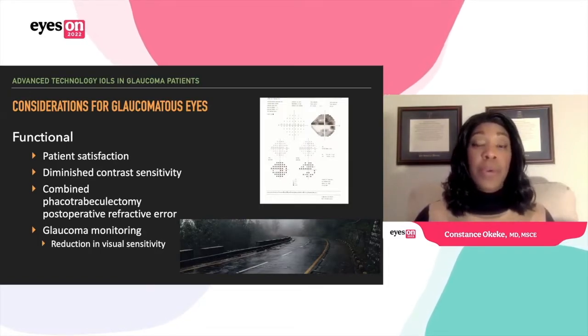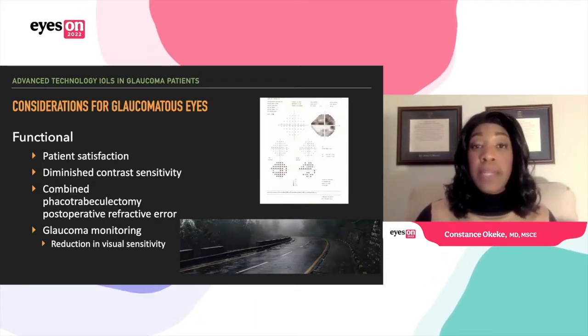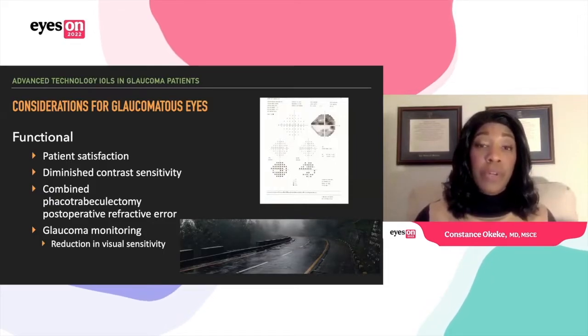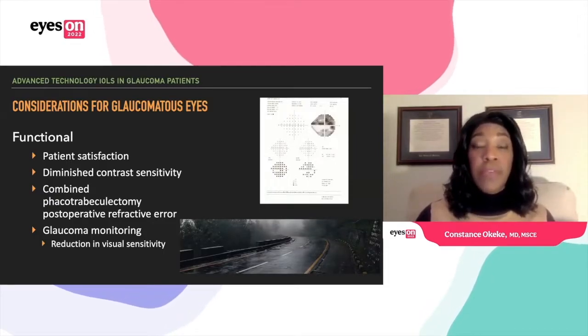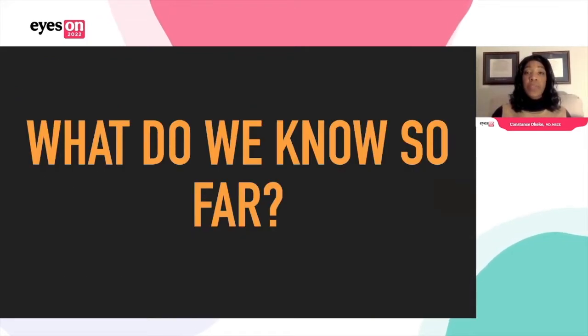And also, some multifocal lenses can actually be a detriment to follow-up care for glaucoma, causing a decrease in the ability to monitor things such as visual fields and OCT.